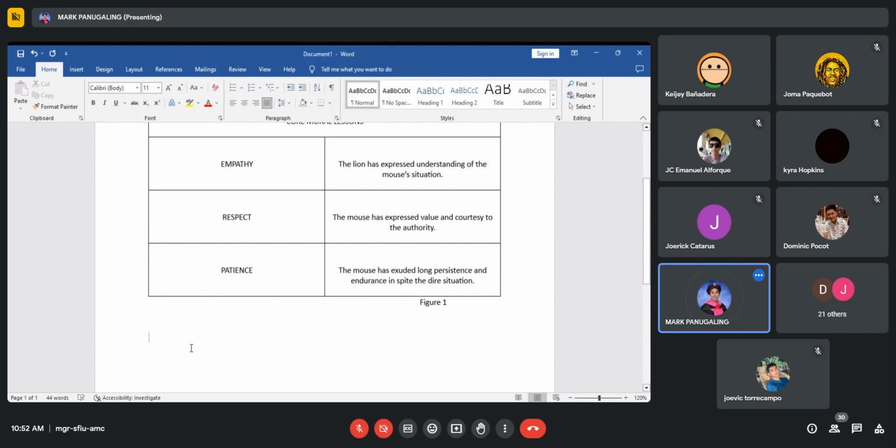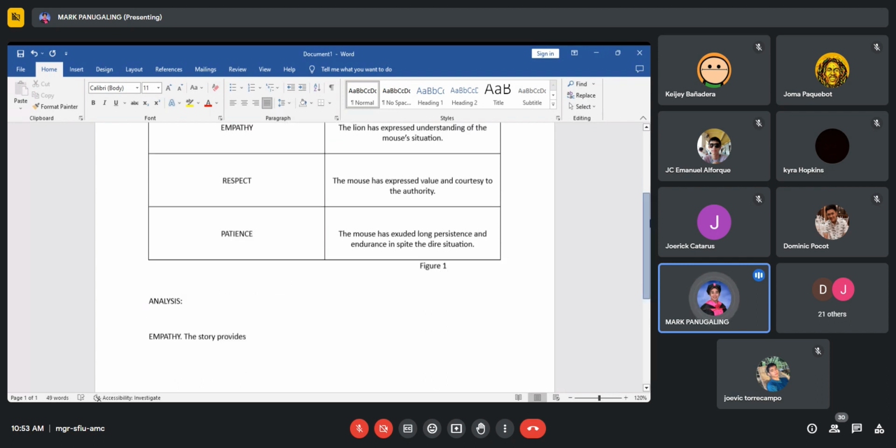And then Analysis. Concept number one, empathy. Story provides. This is now in the results and discussion.